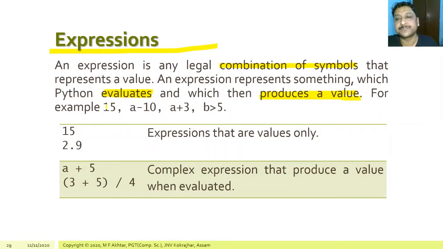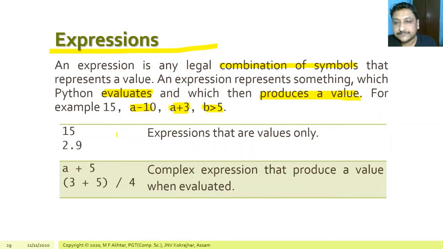For example, a minus 10 is an expression, a plus 3 is an expression, b greater than 5 is an expression. You may notice that an operator is used between the numbers or the variables or the data. This makes an expression.